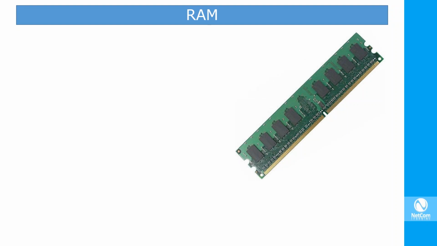Second component is the RAM. The memory, or RAM, we call it random access memory. It is a short-term or temporary memory, which is different from your hard disk drive. Your hard disk drive is a place where you can keep your data, and after disconnecting or turning off the computer, your data is still stored on that hard disk drive.